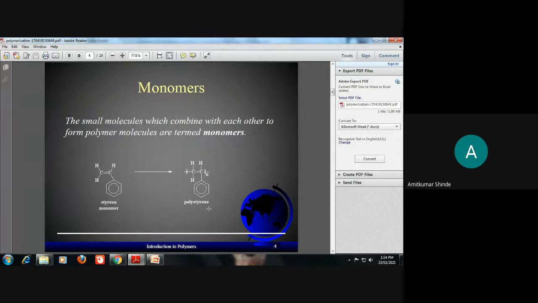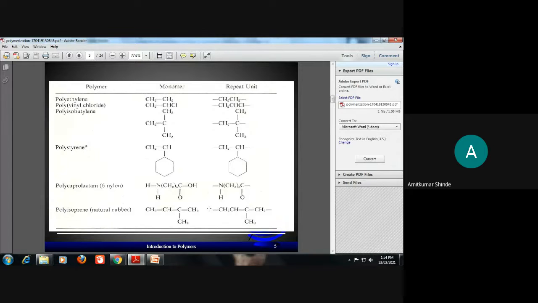In this slide, you can go through it and just read it. They have taken the polymer in the first column. The name of the polymer is mentioned, and the repeating unit present there, which is nothing but the monomer, is indicated. The same repeating unit is mentioned in the last column also.